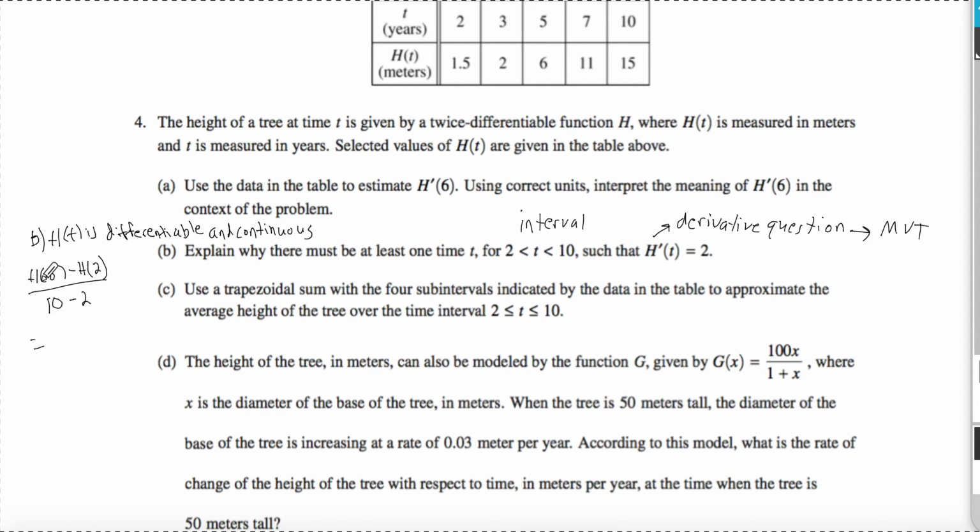What is that going to be equal to? H of 10 is 15. H of 2 is 1.5. 10 minus 2 is 8, right? So, wait a minute. I made a mistake, didn't I?